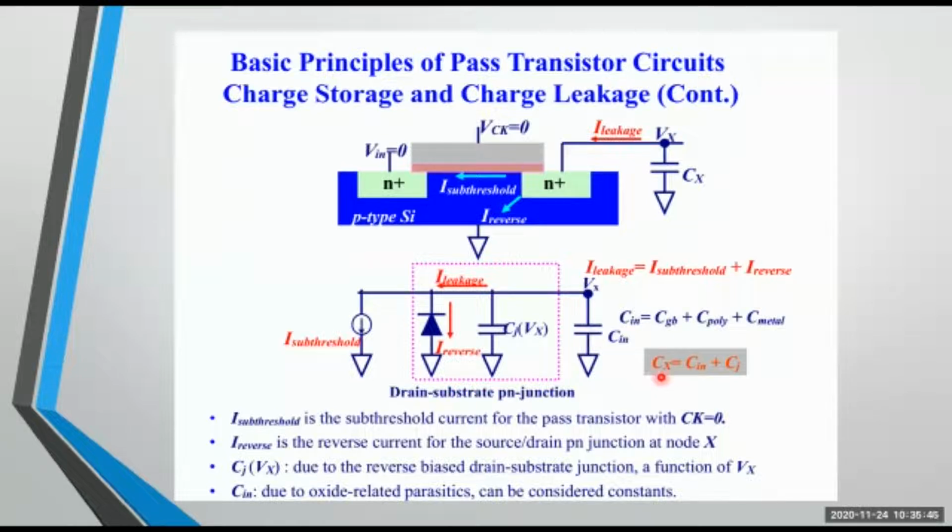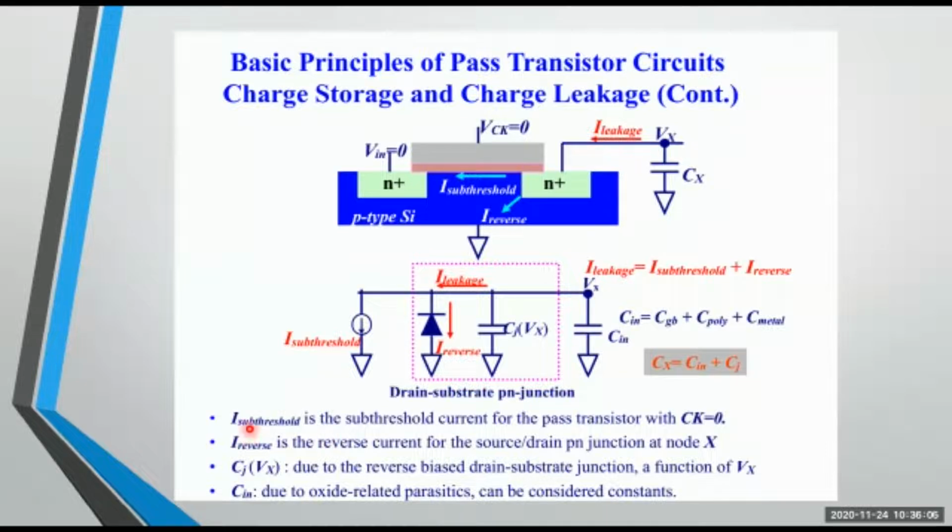So Cx is equal to Cin plus Cj, where Cj is the junction capacitor, which is also very important, inside this particular transistor. So ultimately Cx equals the combination of these two capacitors, Cx equal to Cin plus Cj.